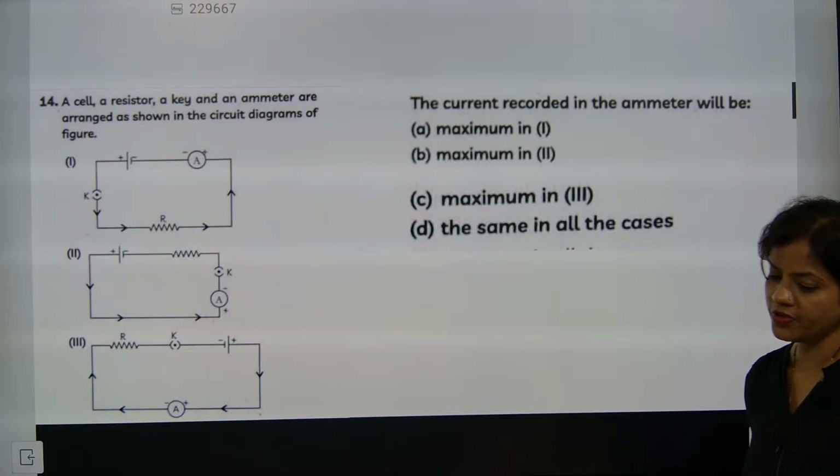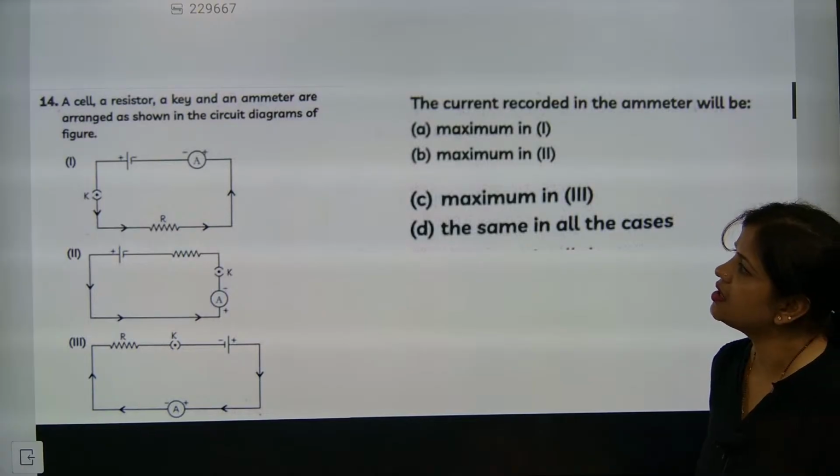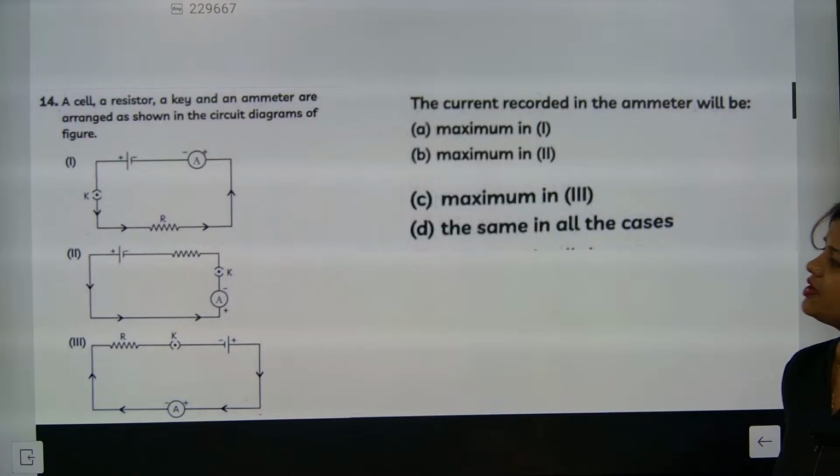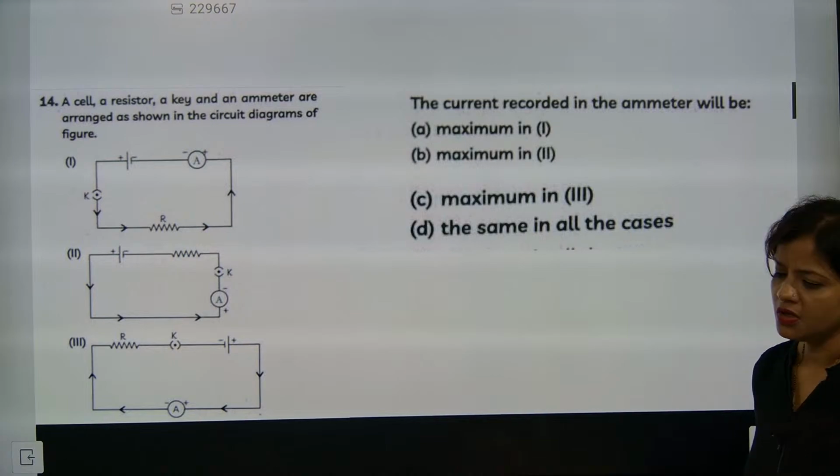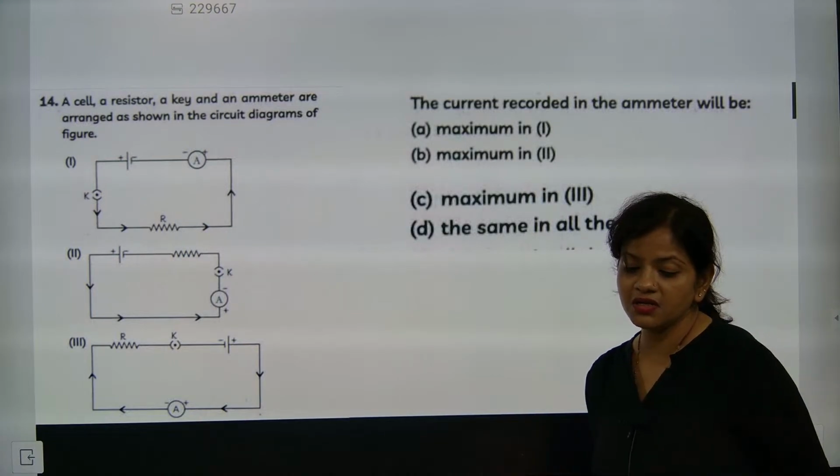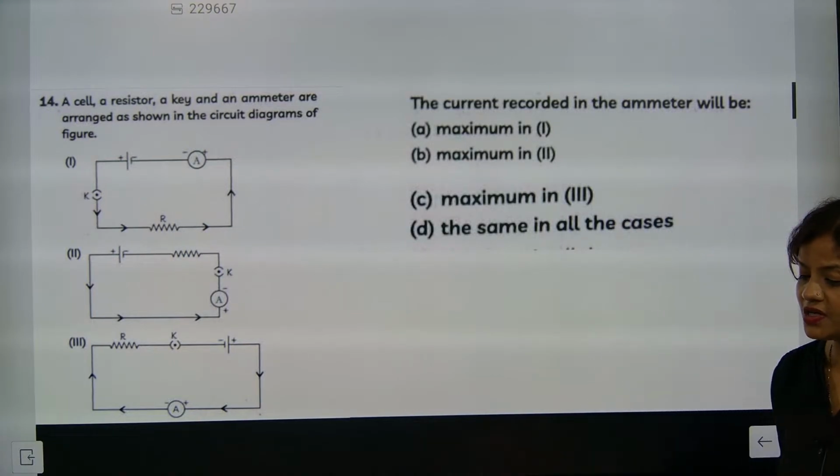What is the problem in this question? Nothing is there. All the arrangements are well received. Maximum in one, no. It will remain the same in all. That's the catch you people have to understand.